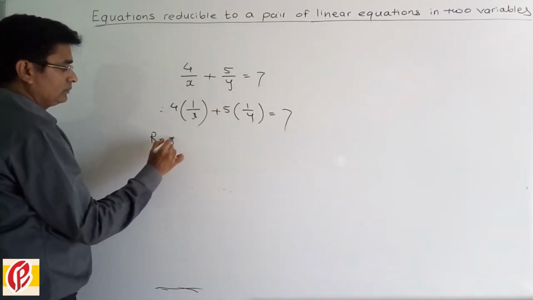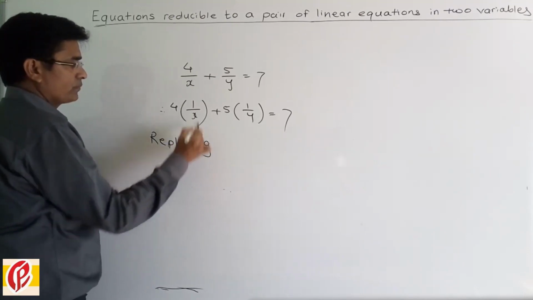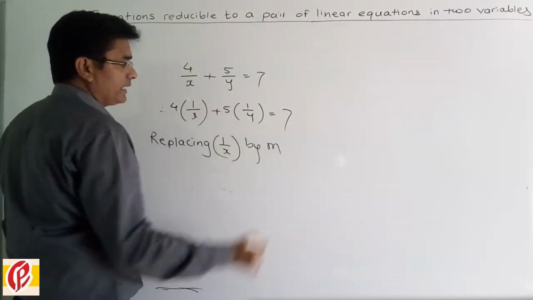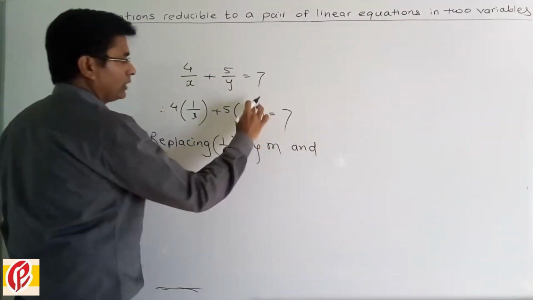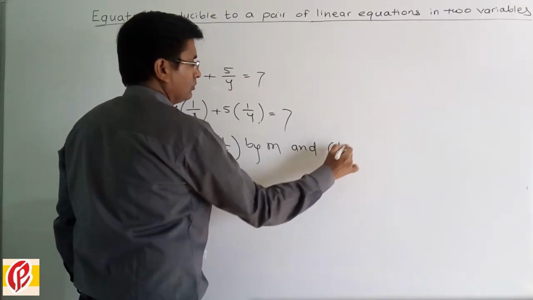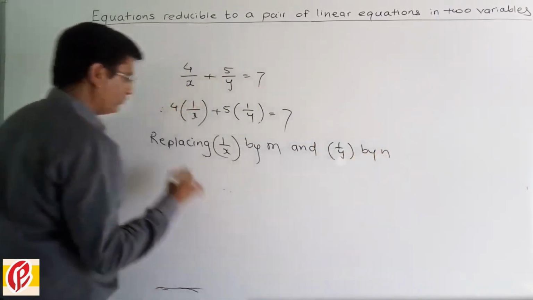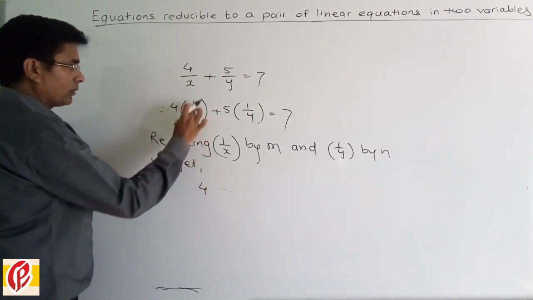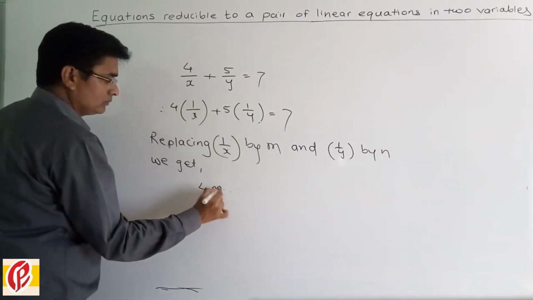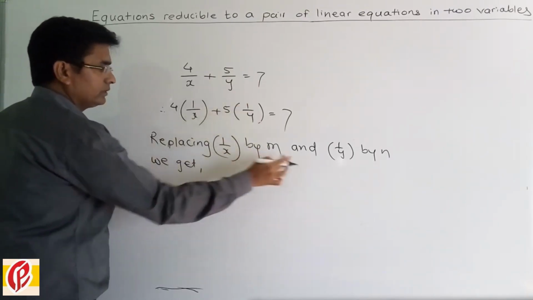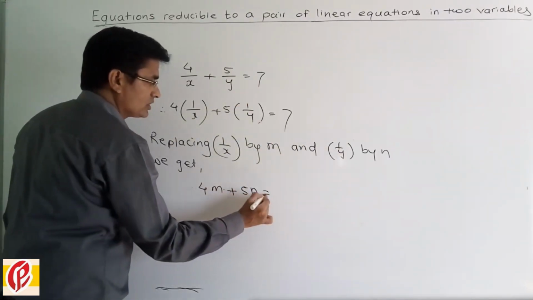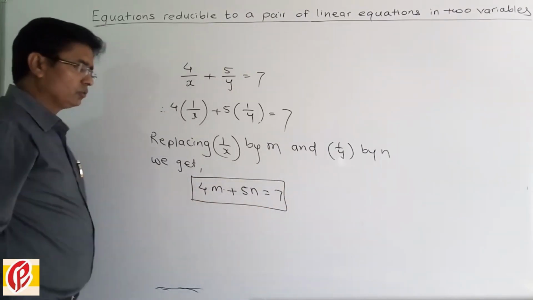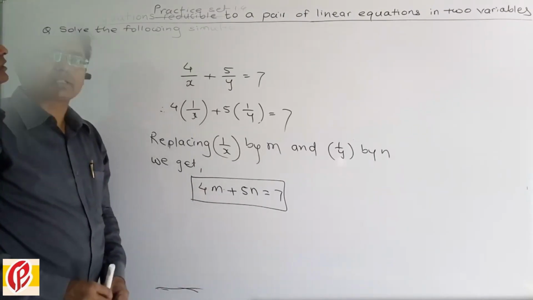Then replacing 1 upon x by a new variable m, and 1 upon y by n, we get 4m plus 5n is equal to 7. This way you get a new linear equation in two variables, and then solve these equations.